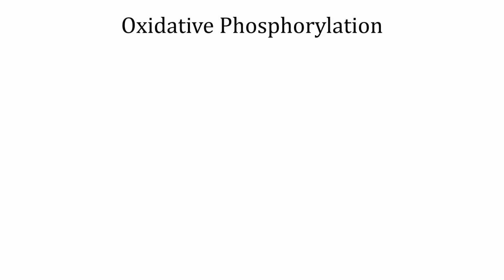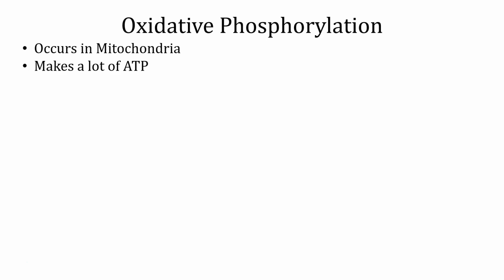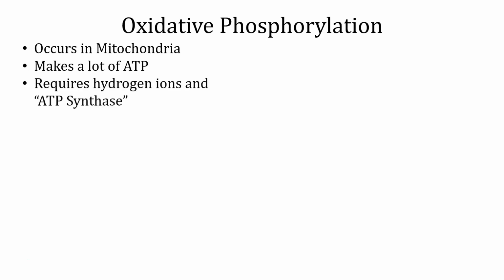And that is the process known as oxidative phosphorylation. Okay. This is a process that occurs in the mitochondria. This is also something that makes a lot of ATP, and as we said earlier, it requires hydrogen ions and also hydrogen electrons. And it also requires this protein, which is called an ATP synthase.